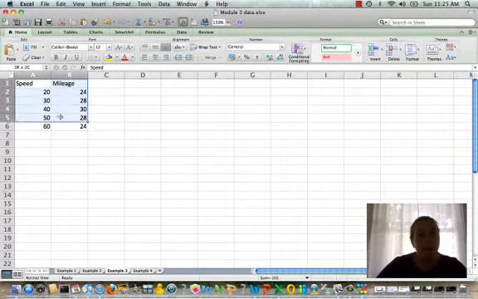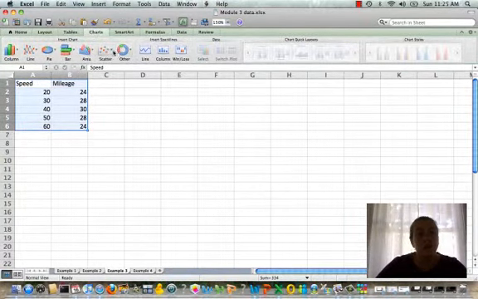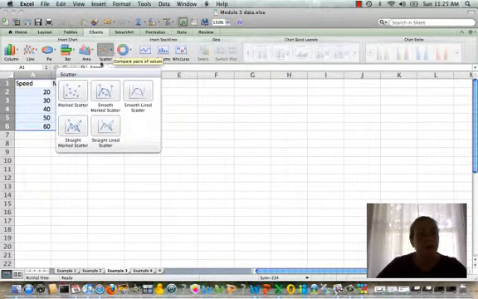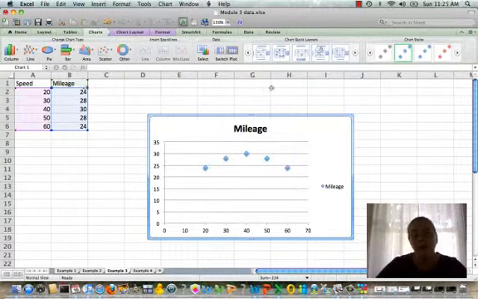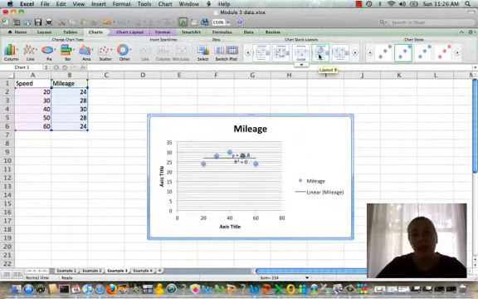So I'm going to highlight speed and mileage, go to Chart, choose Scatter Plot. We're going to choose the first scatter plot, and then in the chart layout choices, remember f of x for function.